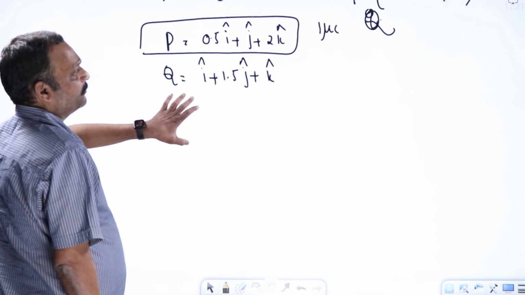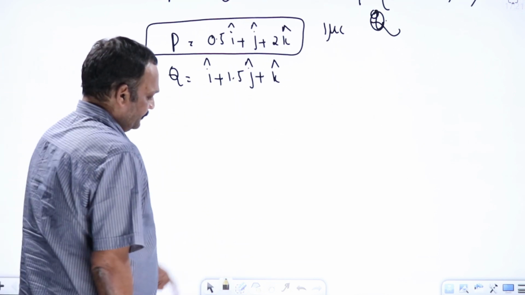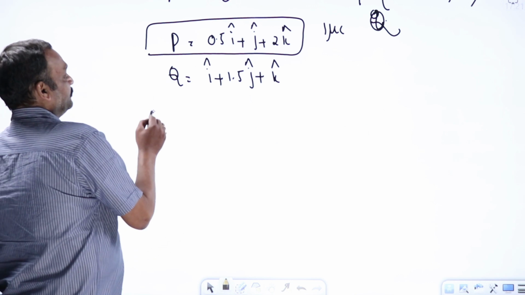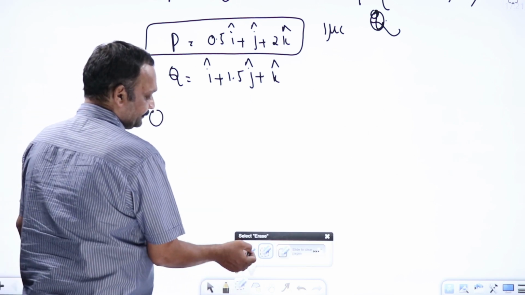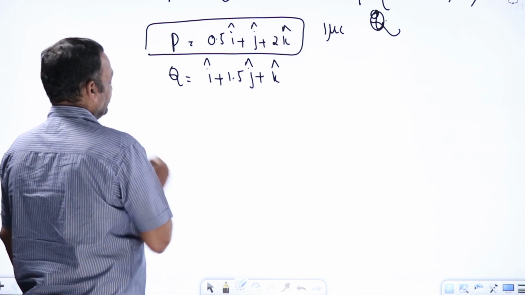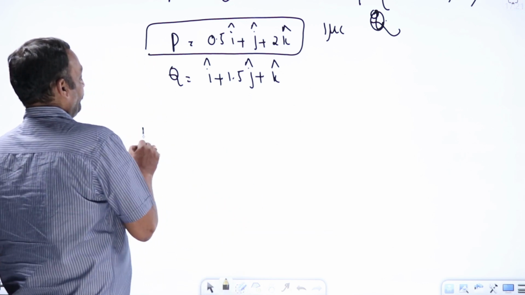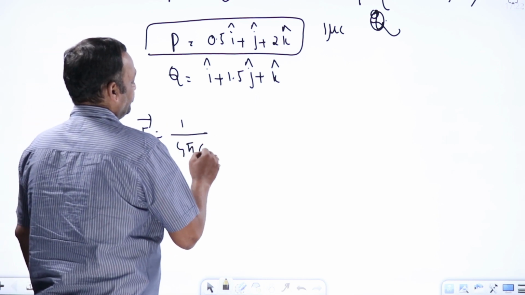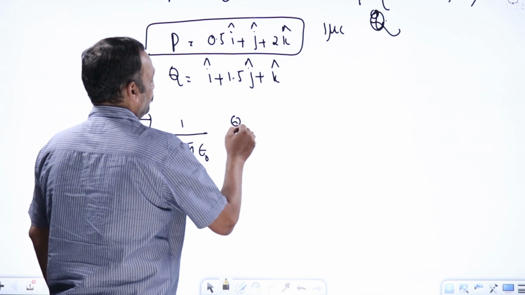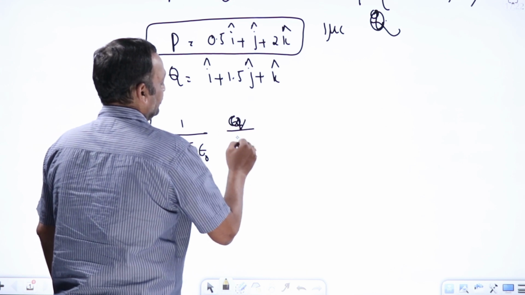Just like we have found Coulomb force, the electric field E bar is equal to 1 by 4 pi epsilon naught. Field due to a point charge is nothing but Q by R square.